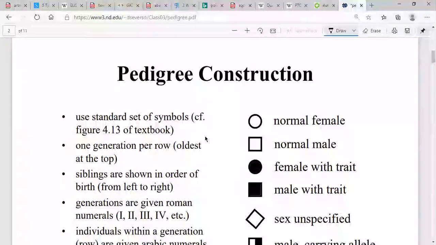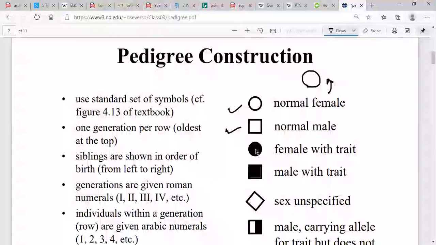Normally in the chart, a circle without embossing represents a normal female. A square represents a normal male. An embossed or filled circle represents a female with a genetic trait. It could be hemophilia, phenylketonuria, anything. And if I use one arrow, it denotes a proband. What does it mean?